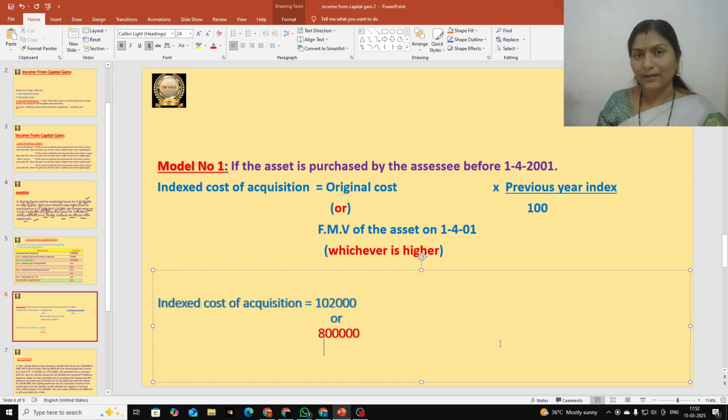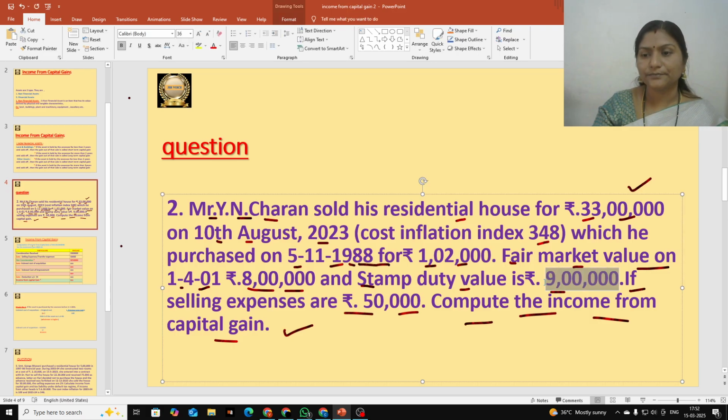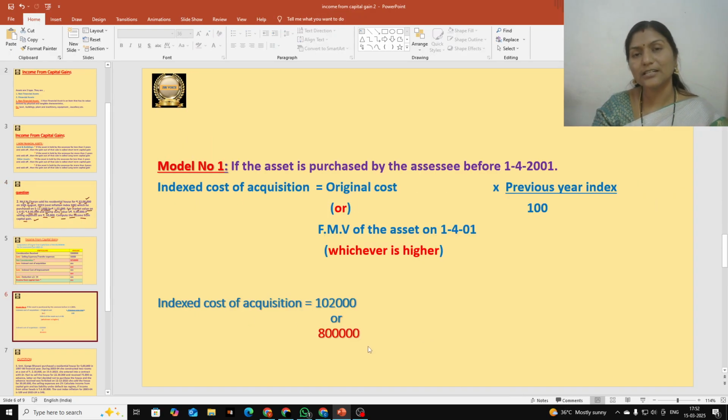The selected one here and stamp duty value, both should be compared. The least one should be taken. What is the stamp duty value here? That is 9 lakhs. If we compare this 8 lakhs, the selected one, with the stamp duty value 9 lakhs, which is the least one? 8 lakhs is the least one. So that should be selected again.